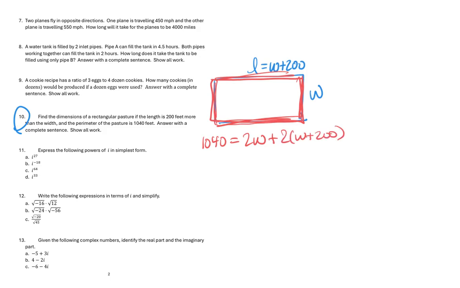And if I multiply that all out, I'll have 1,040 equals 4W plus 2 times 200 is 400. I can subtract the 400 over. I'll get 4W equals 640. So it gives me W equals 160 feet.